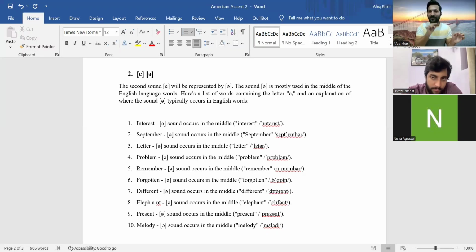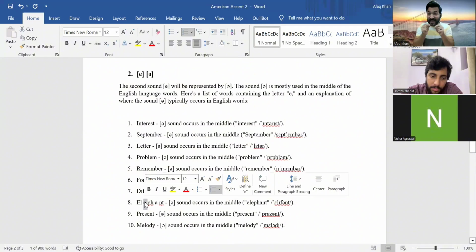Here, the letter E in this example isn't schwa; it's the last sound of the letter E. This letter E is actually "eh": el-e-phant, it isn't schwa.